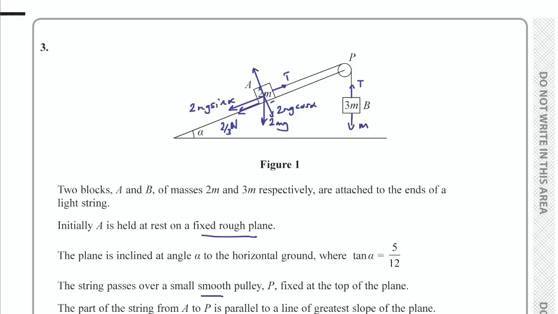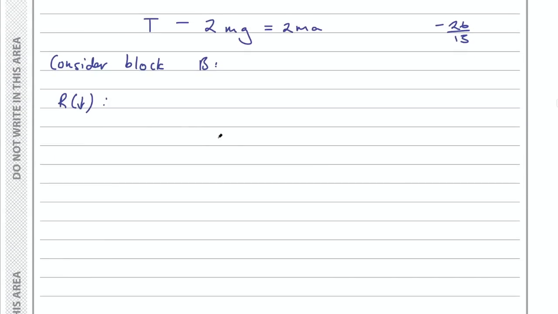This is just going to be 3mg, because they tell us the mass is 3m. So 3mg pulling down in the direction of movement for B, and this is going to give us some net force acting in the direction of movement. So we have the weight pulling down positive, because that's the way the block is moving. Subtract the tension force in the string pulling up.